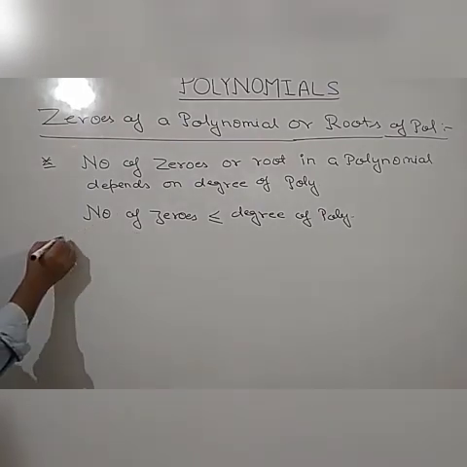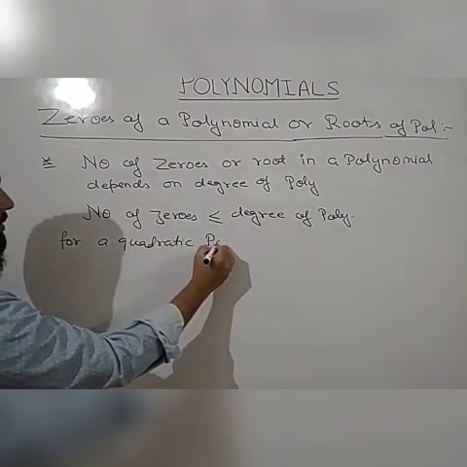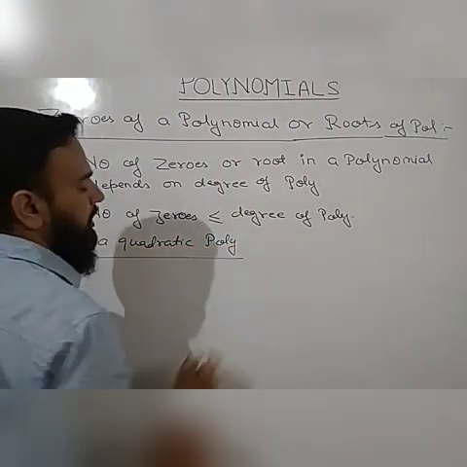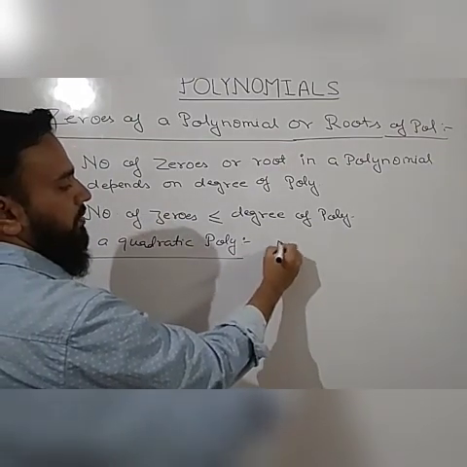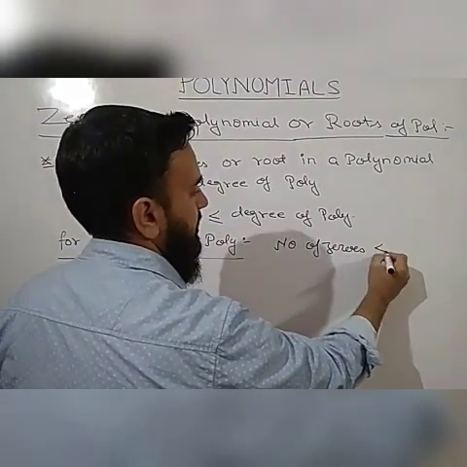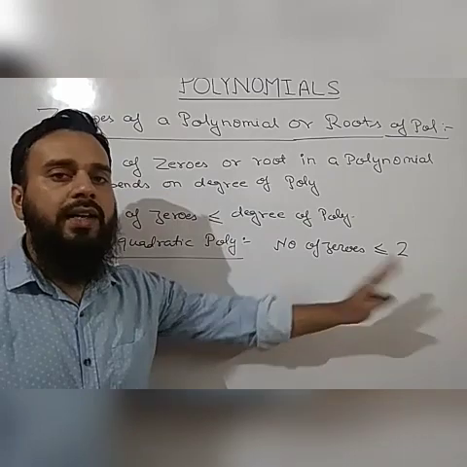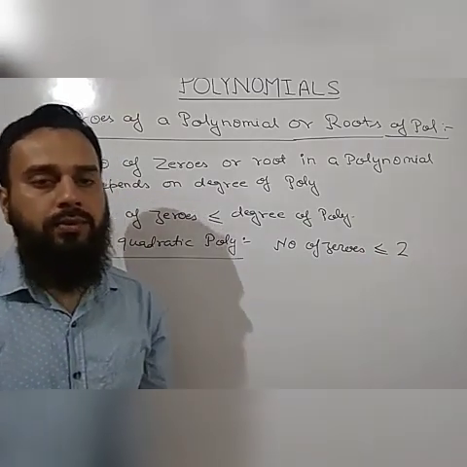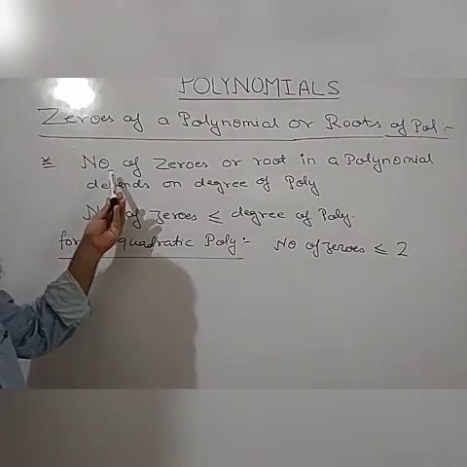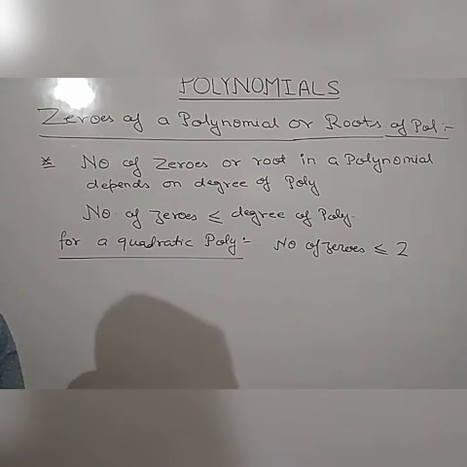For example, for a quadratic polynomial, the number of zeros will be less than or equal to 2, because the degree of a quadratic polynomial is 2, so the number of zeros may be 2 or less than 2, but can never be greater than 2. So you have to remember this thing also. The number of zeros is always less than or equal to the degree of the polynomial. Okay, so note it down.